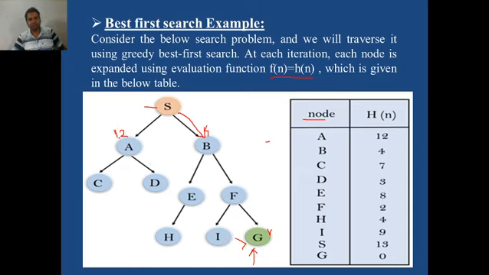So 12 is the cost required for node A to reach the G, and this 4 is the cost associated with node B to reach the G. So obviously B can move us to the goal with a very small cost, 4, as compared to this 12. That's why the tree will be traversed from S to B.